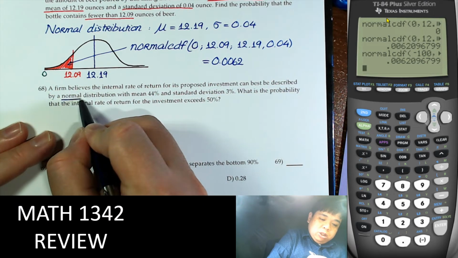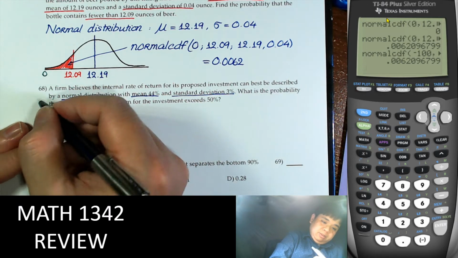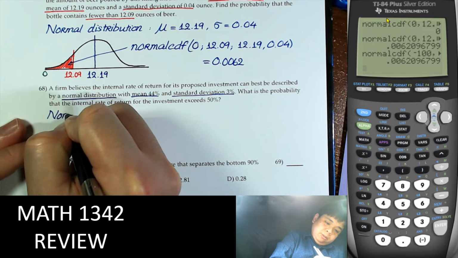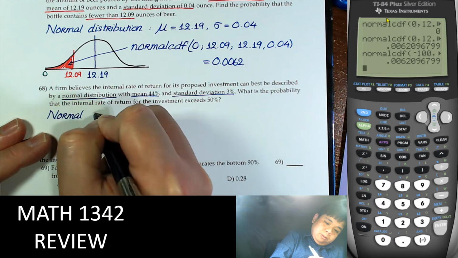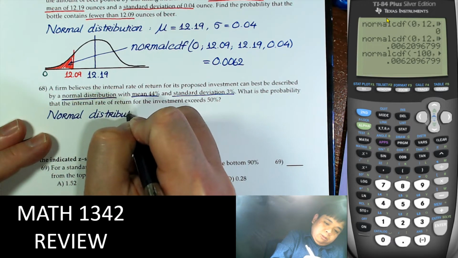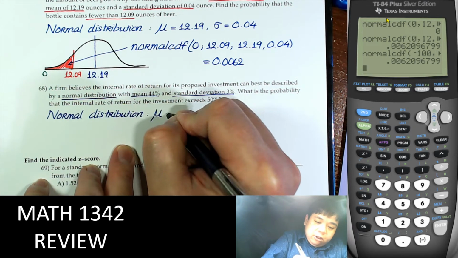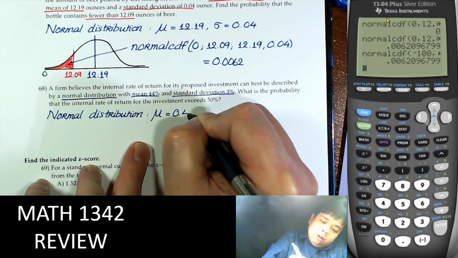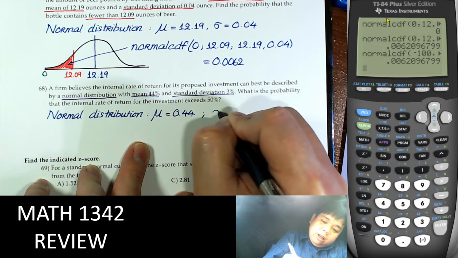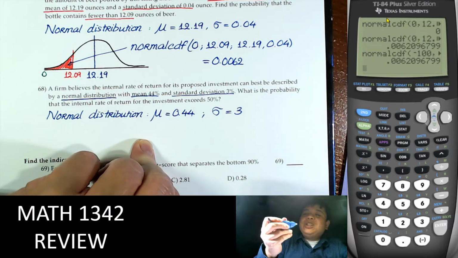Normal distribution, mean, standard deviation. So the mean and standard deviation will be 0.03.